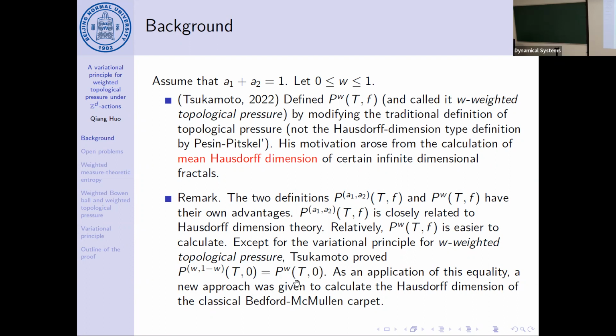This is a new equality. It is not the variational principle. As an application of this equality, Tsukamoto gave a new method to calculate the Hausdorff dimension of the Bedford-McMullen carpets we defined before.